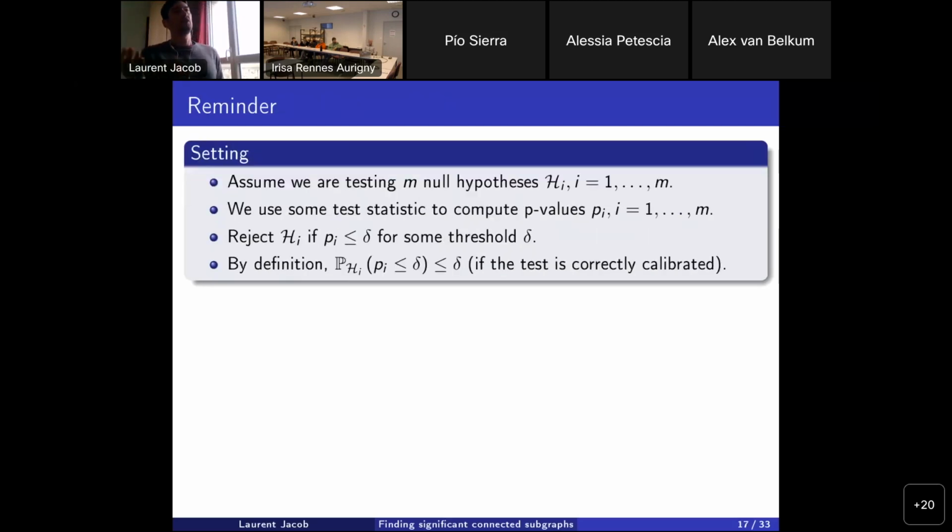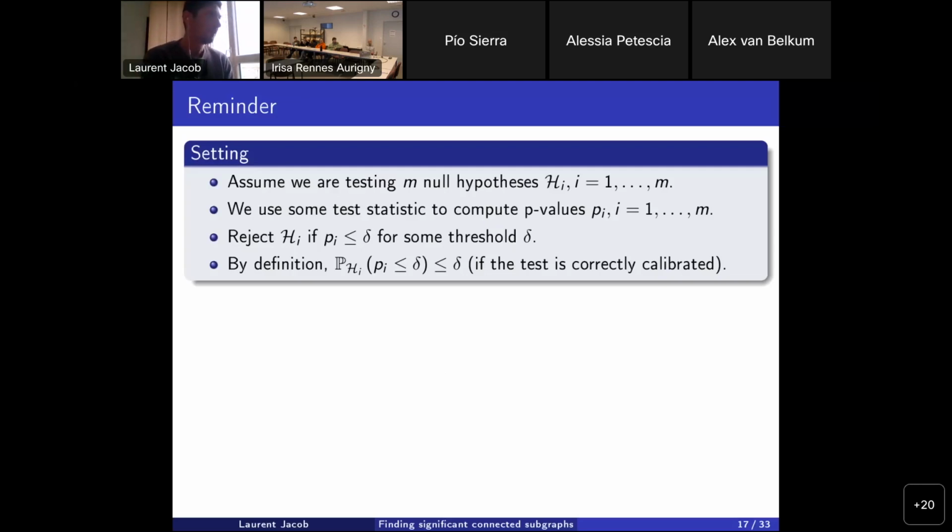To explain how the Tarone procedure works, I will first give a short reminder of how the Bonferroni procedure works. Assume that we are testing M null hypotheses. For example, M variants could be SNPs. It was actually developed for SNPs in the first place. In our case, it will be M subgraphs. And so we have null hypotheses, which are: this variant is not associated with the phenotype.